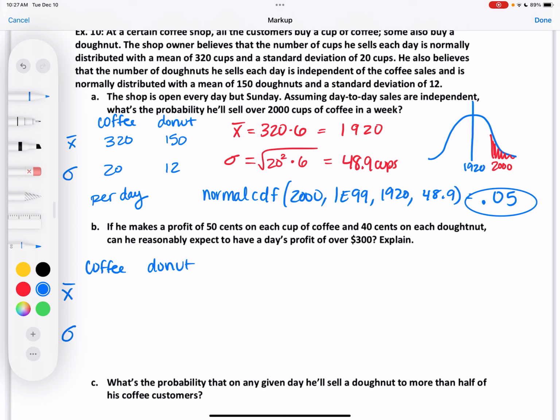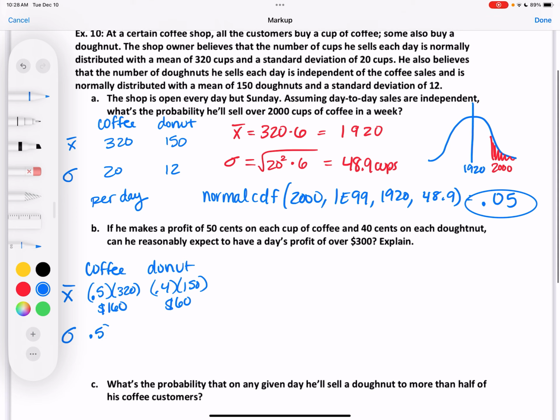So coffee would be 0.5 times 320, which is 160. Donut is 0.4 times 150, which is 60. Then for the standard deviation, 0.5 times 20 would be $10.